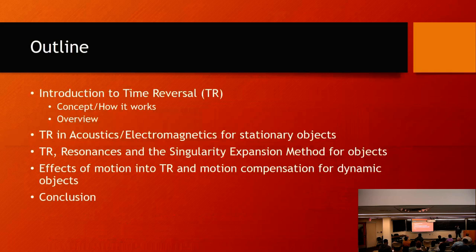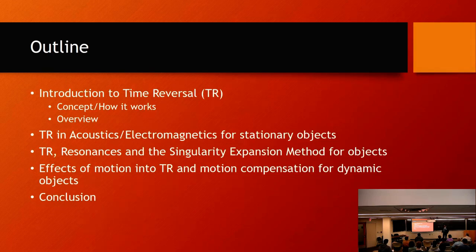So quick thing, what is time reversal? Conceptually, it's very simple, but it has a lot of interesting physical behavior. So one of the things I'll talk about today is just give you a brief introduction, what's actually happening with time reversal in acoustic and electromagnetic research.